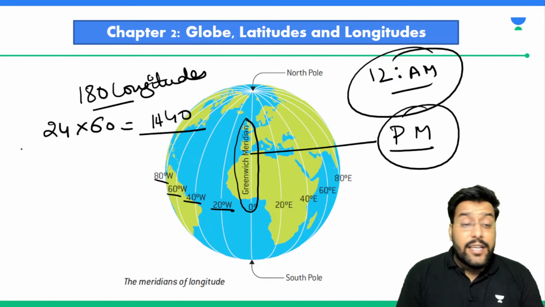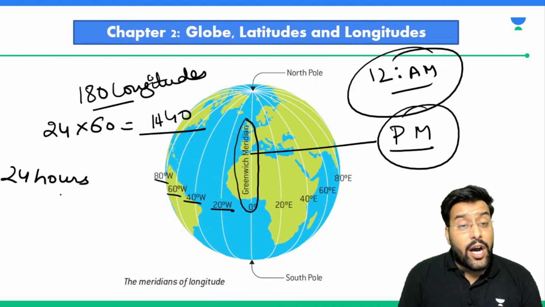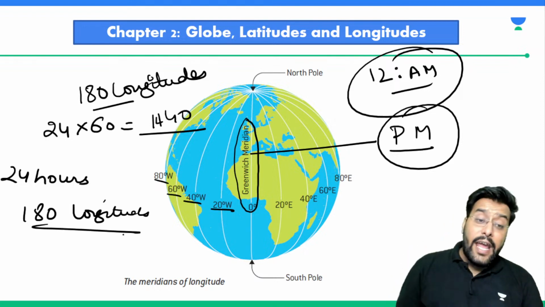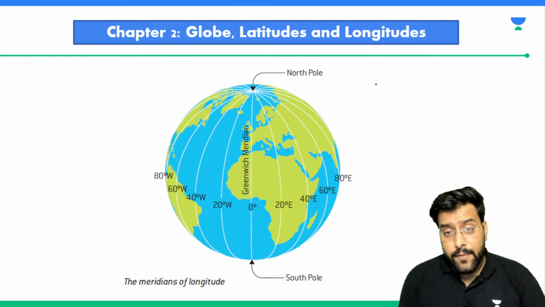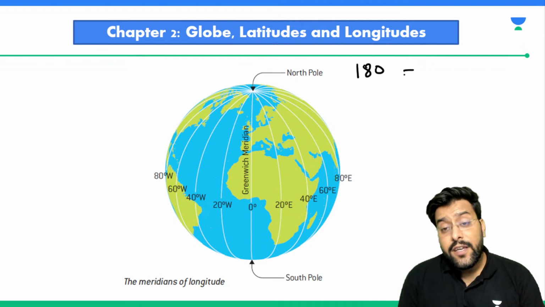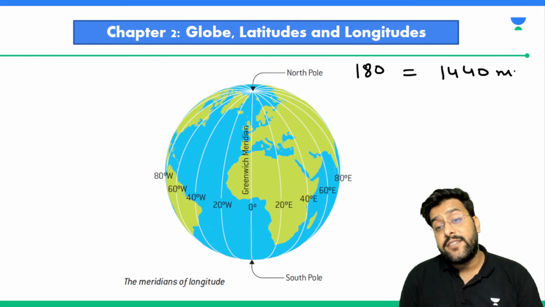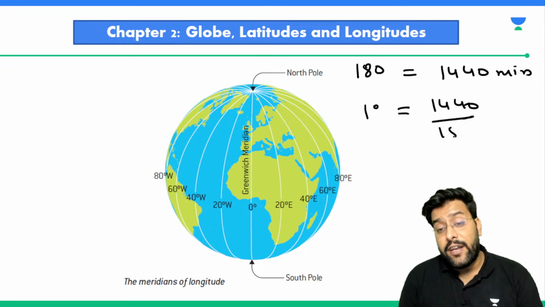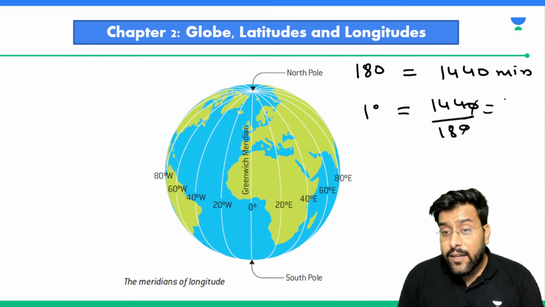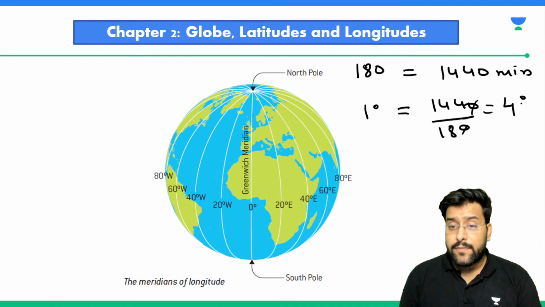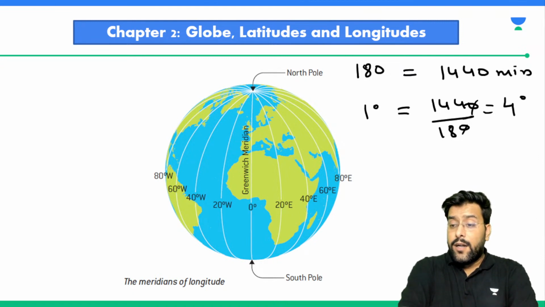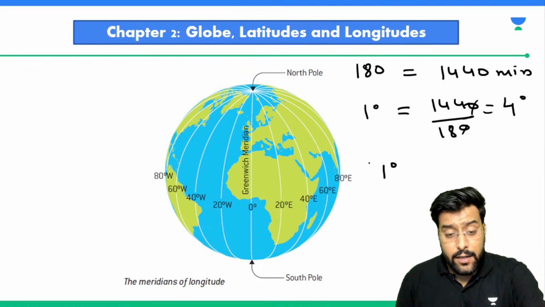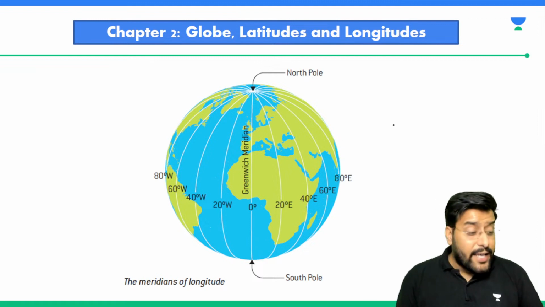So the entire time period of 24 hours was divided into these 180 longitudes, and we have 1440 minutes. So for 1 degree longitude we'll divide 1440 by 180. What we get here is 4. Every 1 degree will make that difference.